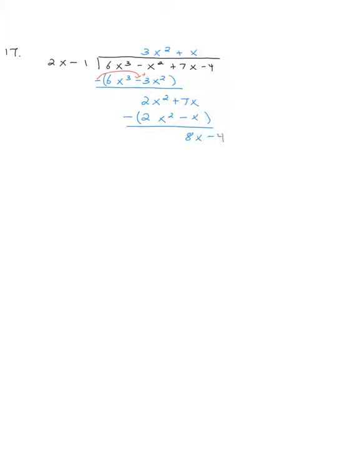Okay, I would have to multiply by positive 4, if I want to match up this 8x minus 4. Hey, this one works out perfectly where you have a remainder of 0. I won't write it out, but what this tells me is if I multiply this and this together, the answer would be 6x cubed minus x squared plus 7x minus 4.